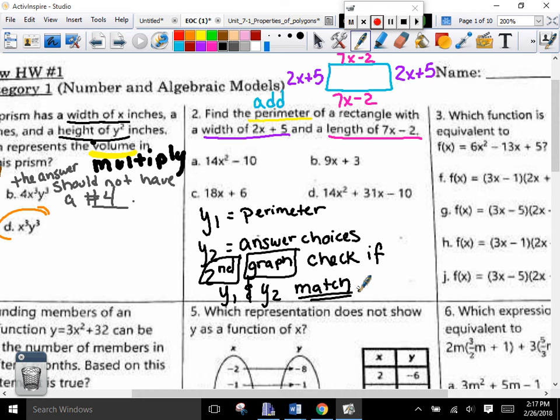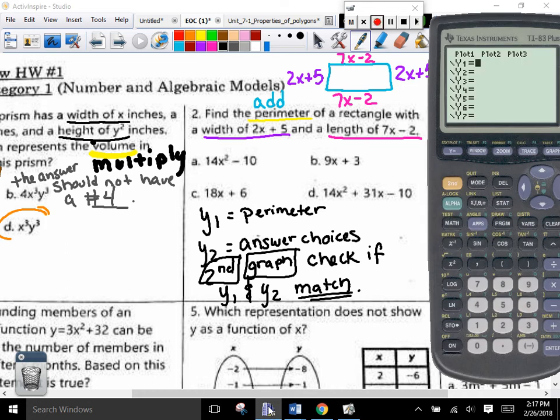So now we have our calculator, and on y1, I'm going to put my perimeter. So remember, perimeter is all 4 sides of the rectangle added.